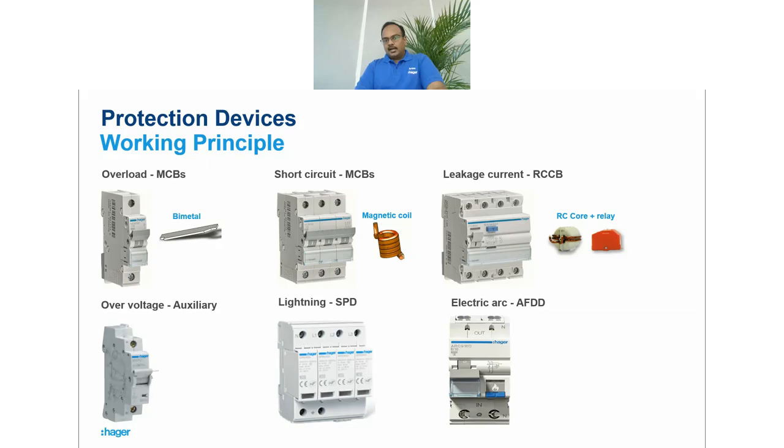There is an amount of physics, but it is one or two parts which are the heart of the whole product. Of course, in a voltage device, we need to do a measurement of how much is coming, and then take an action or trip it. Lightning arrestor, there is a spark gap technology, which I think in the last webinar you might have heard about. This is the technology being used.